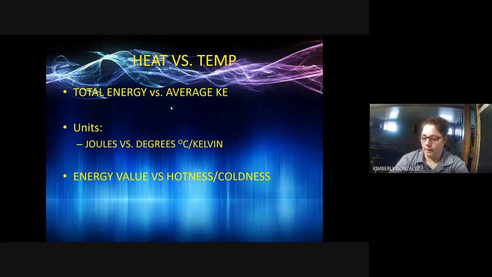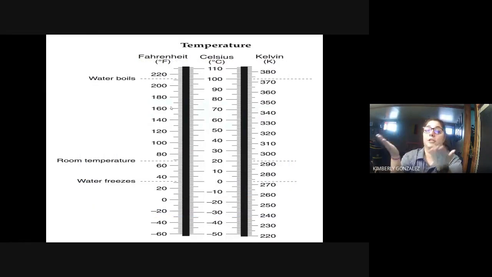I'm good. Okay. This should look familiar because not only did we do this already, but this is on your reference table. So for this class, you don't need to memorize how to go from degrees Celsius to Kelvin or Kelvin to degrees Celsius or Fahrenheit to Kelvin or any which way. Because if I said you have 80 degrees Fahrenheit, which is right here, you can just look and say, oh, this is 80 degrees, and these all go by twos.